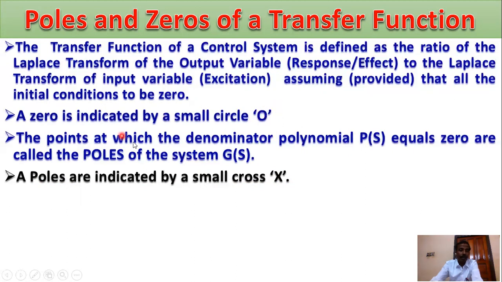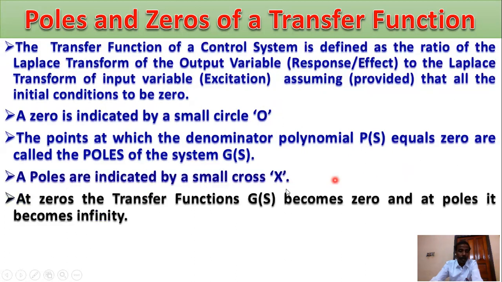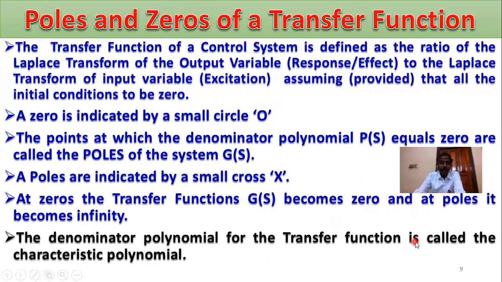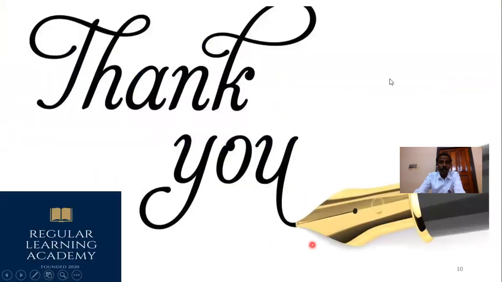At a zero, the transfer function G(s) becomes 0, and at a pole it becomes infinity. The denominator polynomial of the transfer function is called the characteristic polynomial.